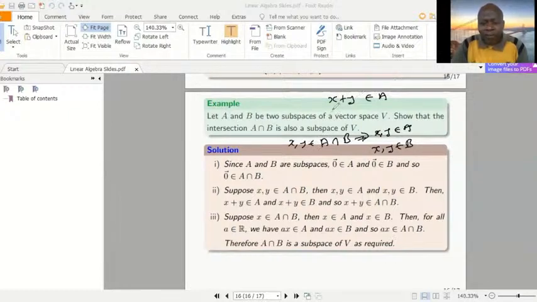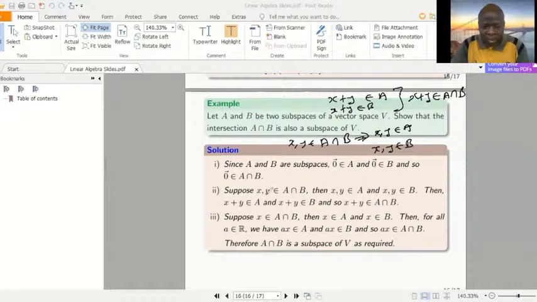And also, x plus y is in B because B is a subspace. Therefore x plus y is common to these two sets, and so x plus y is in the intersection.